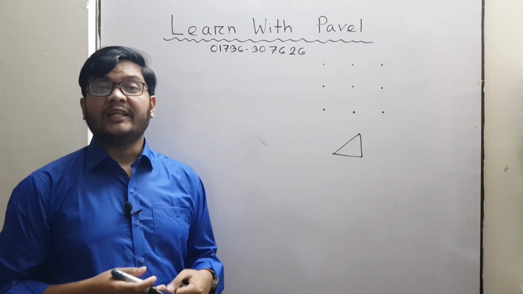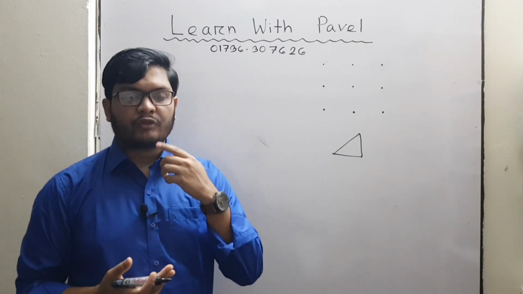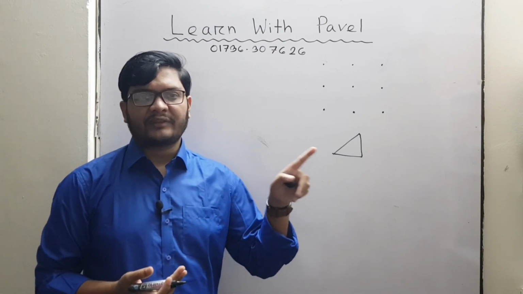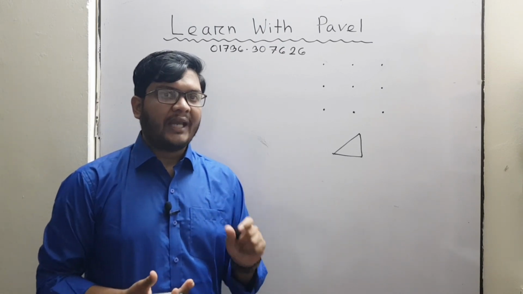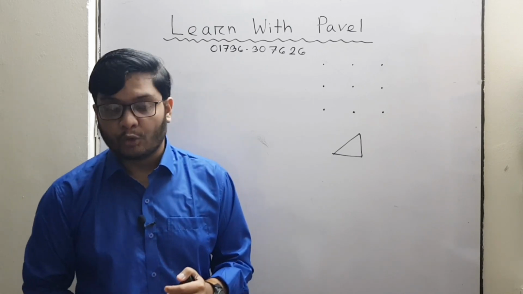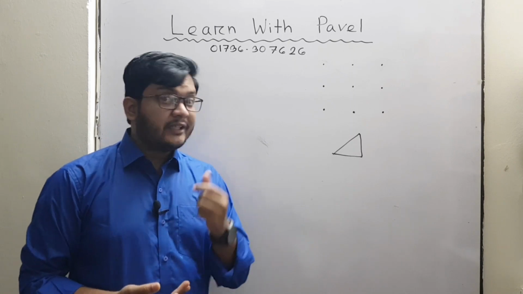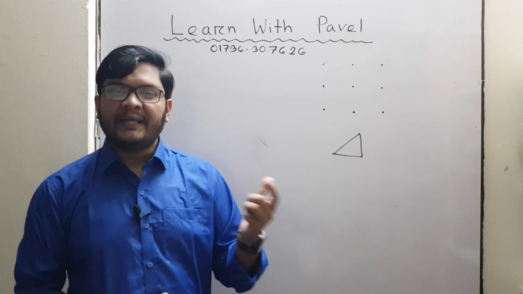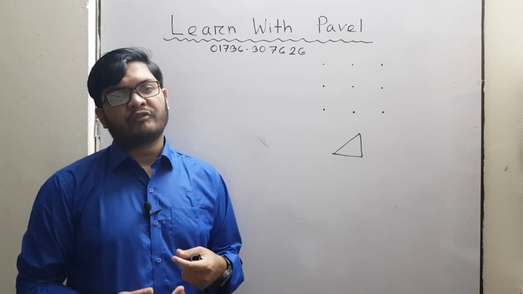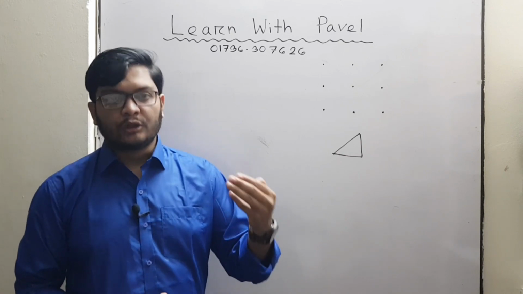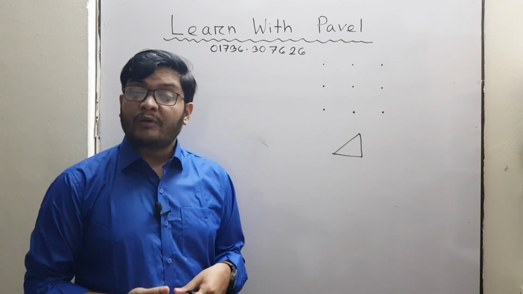So when will it be equal to 0? We know that the formula for the area of a triangle is half times base times height. So if any of the quantity here is equal to 0, then the area will be equal to 0. That means either we have to make the base equal to 0 or we have to make the height equal to 0. So how can we do that?